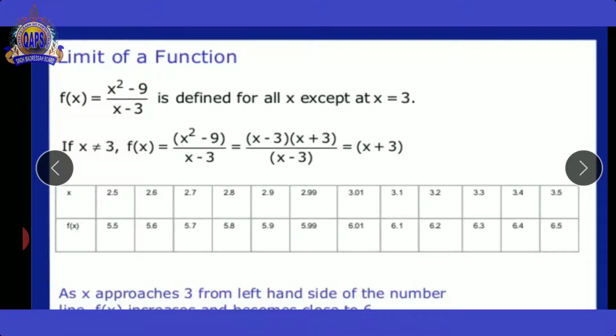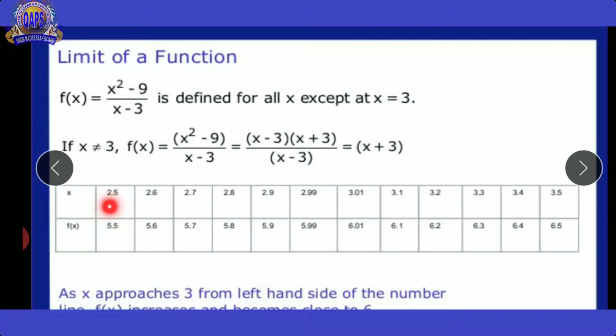And now the table: we put x equals 2.5. We have already said x does not equal 3, but you can put x either less than 3 or greater than 3. It doesn't matter, because there is no particular point being put here.